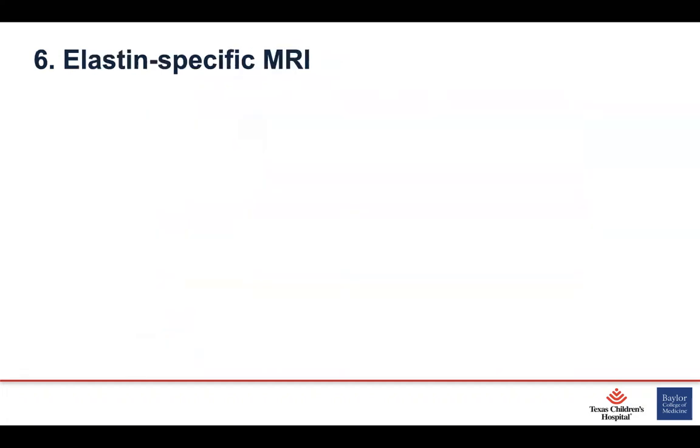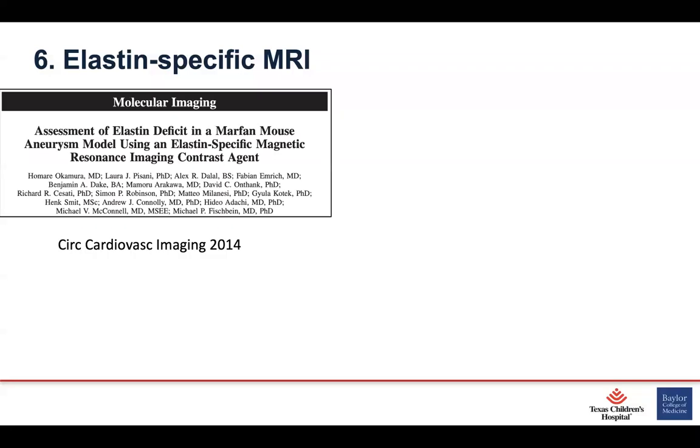And lastly, back in the mid-2000s, and 2010, 2014, there has been some work on elastin-specific MRI, mostly in animal models, saying, okay, if we can do an MRI to show areas of elastin deficiency, which certainly we see in connective tissue disorders, and if this is happening over time, maybe we can predict areas that are susceptible to aortic dissection. It's very exciting work.